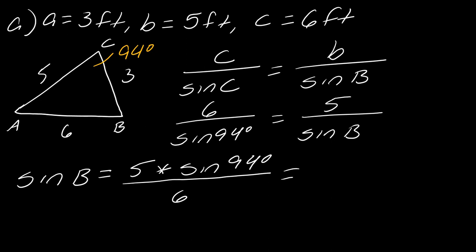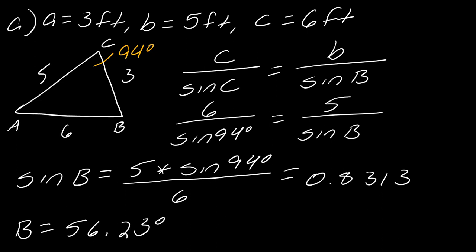If I compute that, I get 0.8313. And then if I take the inverse sine of that number, I will get 56.23 degrees, and that I will just round, so I'll write it over here as 56 degrees, okay?